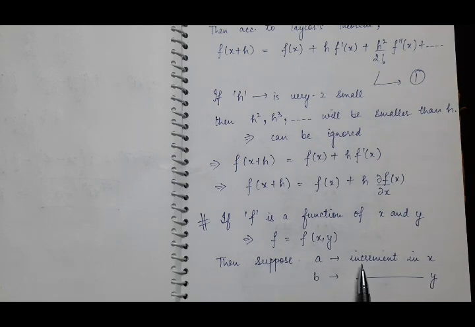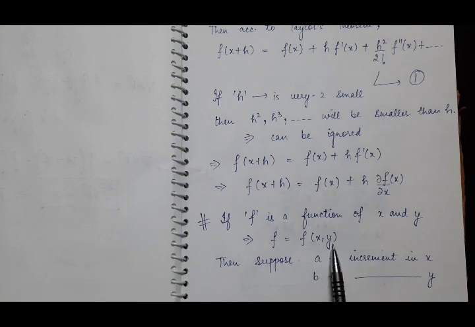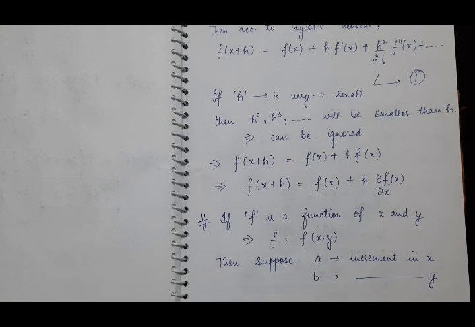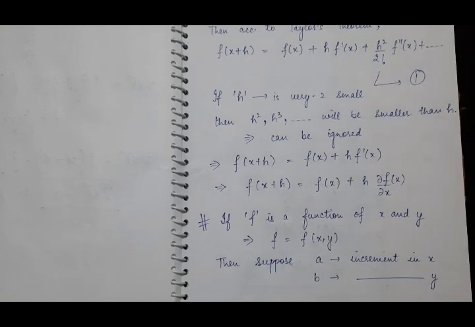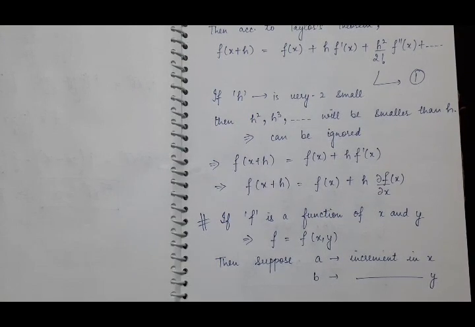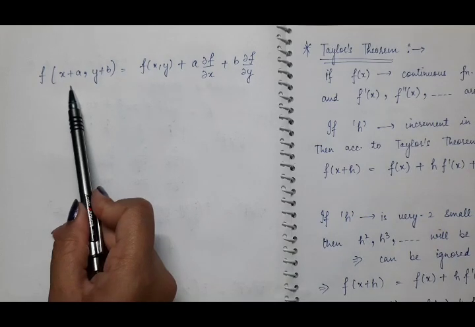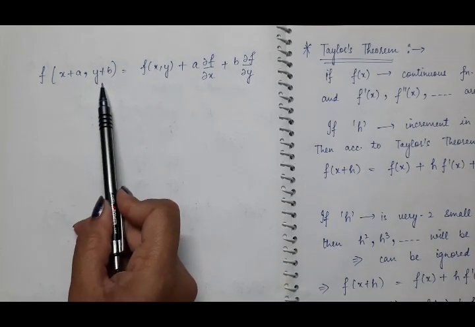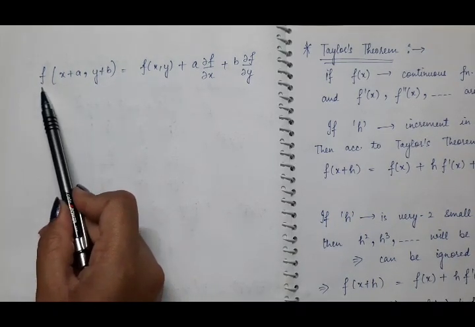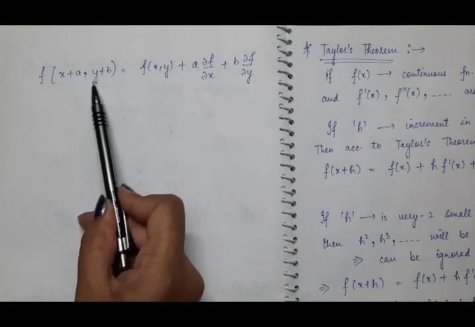Now there will be increment in the two variables, and suppose increment in x is a and increment in y is b. So what will be the increment in f? It will be f(x plus a, y plus b).